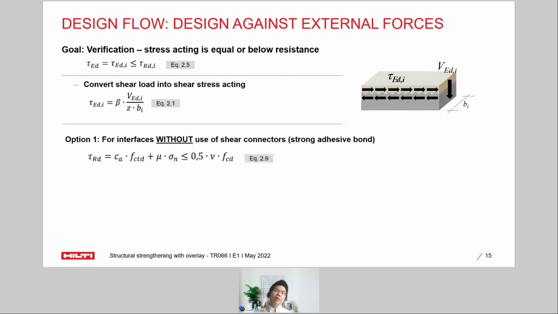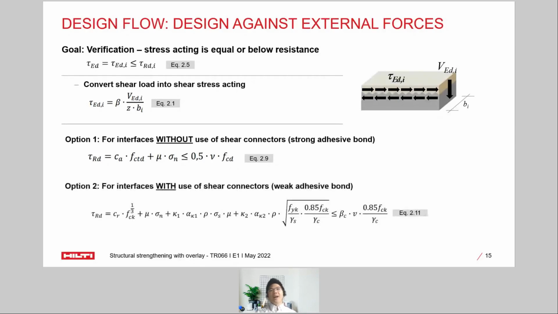Within the TR66, there are two options. If the interface has a very strong adhesive bond, you might not need to use a shear connector, and you can calculate tau_Rd, the resistance of the system, even without a shear connector. It allows you to do so if the bond is strong.